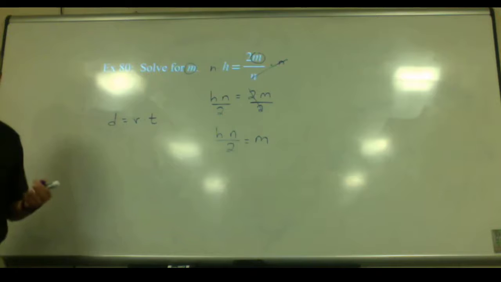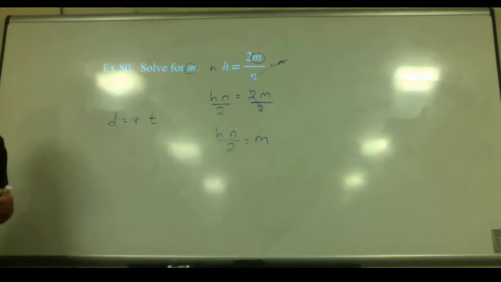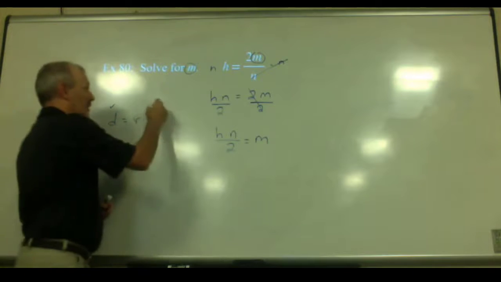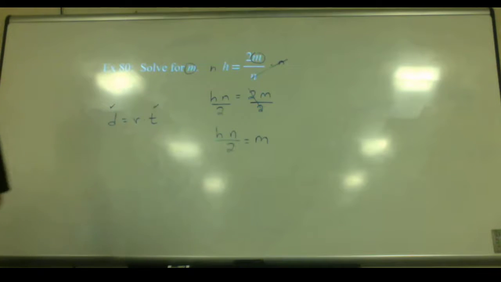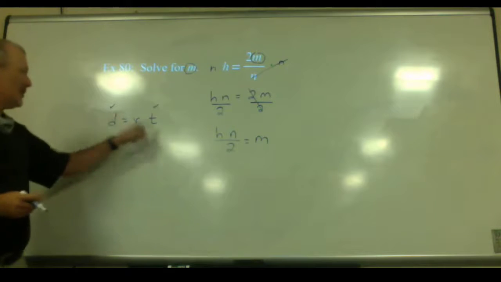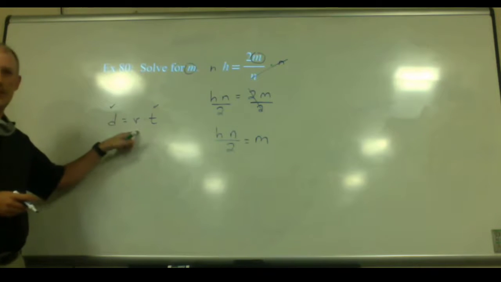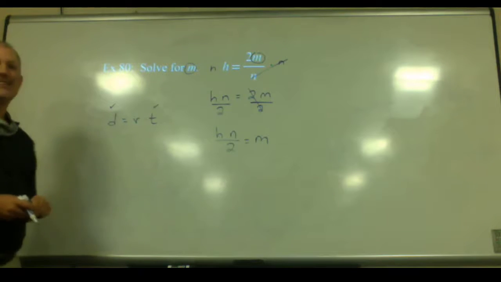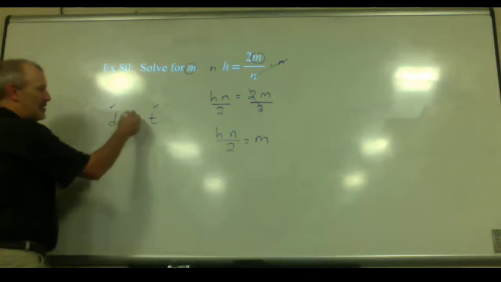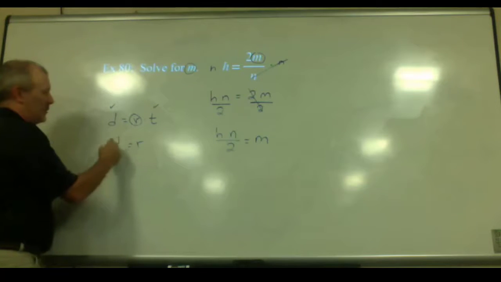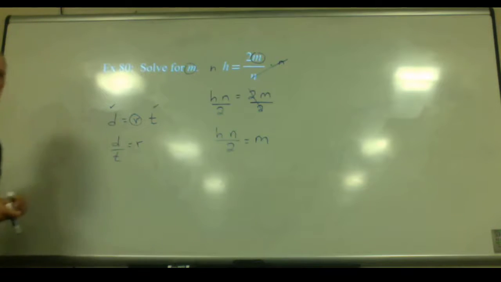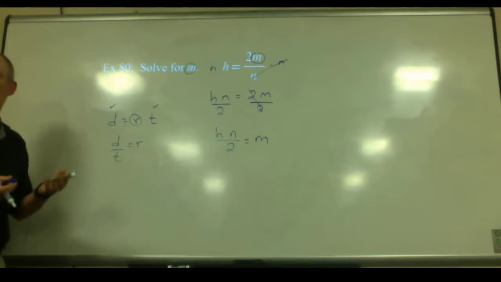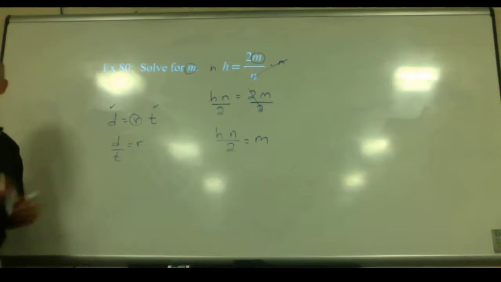If you were using that formula and you knew a whole bunch of distances, and you knew a whole bunch of times, and you were trying to figure out all those different rates, well, rather than putting this number and this number in and then solving for r, and then doing it again, solve for r, do it again, it's easier to get the r by itself right away by division. And then when you put the numbers in, you just divide, divide, divide, divide, and you get the answer right away rather than having to do algebra steps every time you do it.